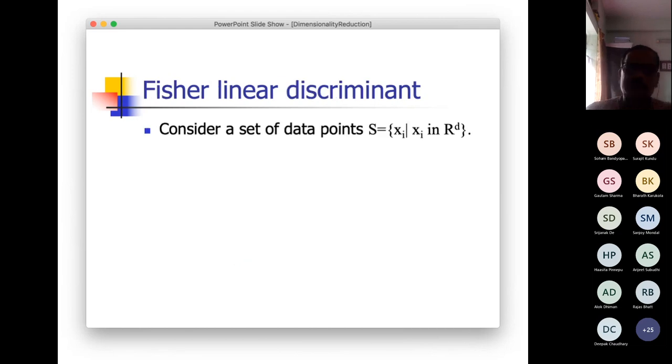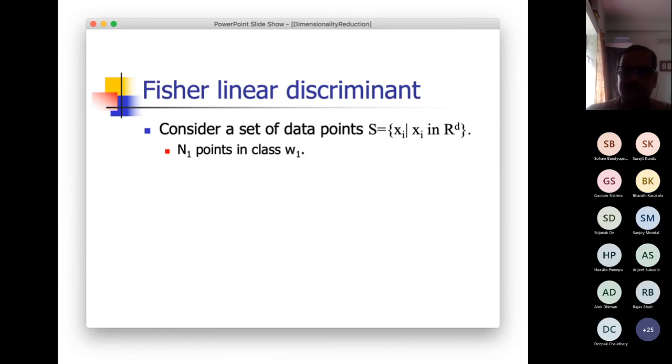So let us formulate this problem mathematically. Say you have data points in the d-dimensional space, and since you have a labeled data set, that means there are two classes. I will be discussing with respect to the two-class classification problem. Its multiclass extension is non-trivial, but similar.